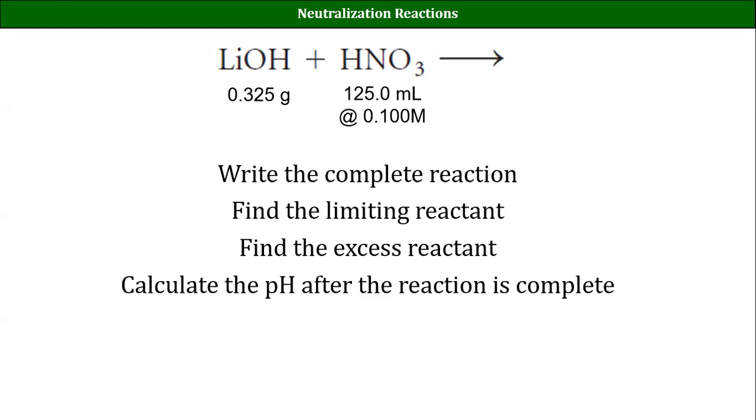So negative log of 0.0088 is 2.06. Just like with pH, pOH is always gonna go to the hundredths place, regardless of our sig figs.